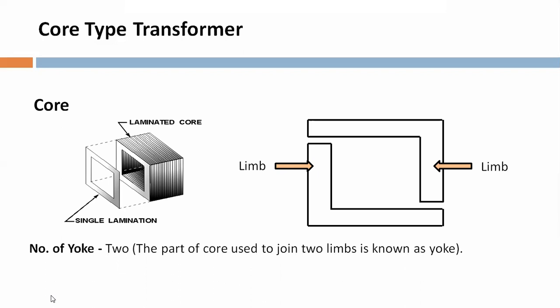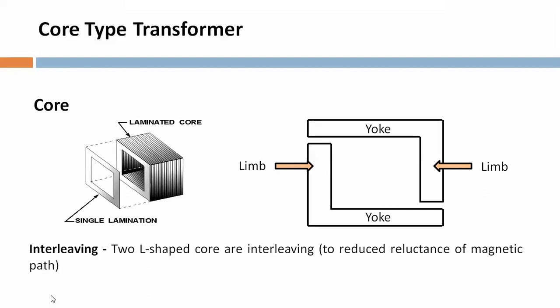The part of the core used to join two limbs is known as a yoke. So the horizontal portion is the yoke, and the number of yokes is 2. It is connected with the limbs. Now interleaving: two L-shaped cores are interleaved to reduce the reluctance of the magnetic path.